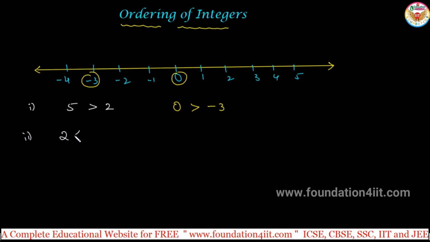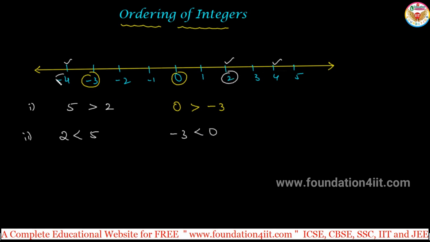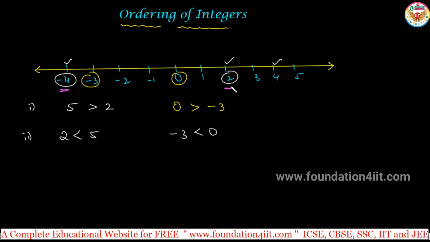That means 2 is less than 5, -3 is less than 0, and so on. So with any set you can take, if you choose 2 and -4, 2 is a number and -4 is a number. When you compare these, -4 is on the left side and 2 is on the right side.